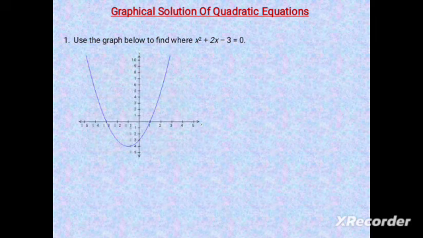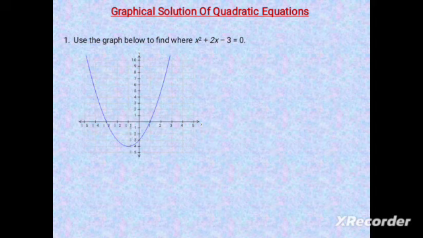Now the function has been given, so what we want to get here is the values of x, because the values of x is at the point where the graph and the x-axis are meeting, and that is the solution for the quadratic equation graphically.